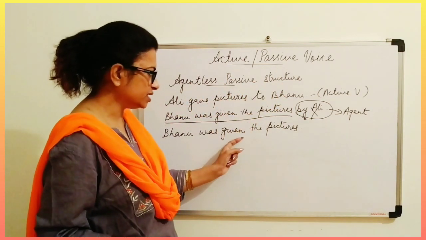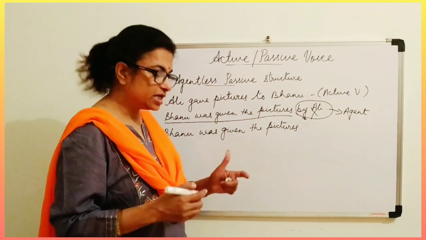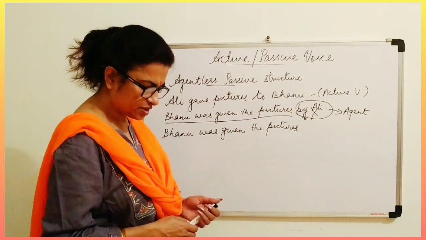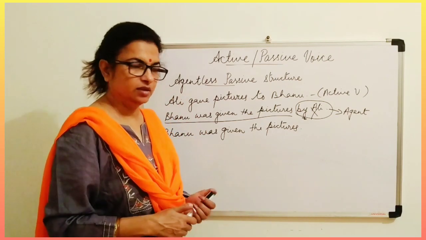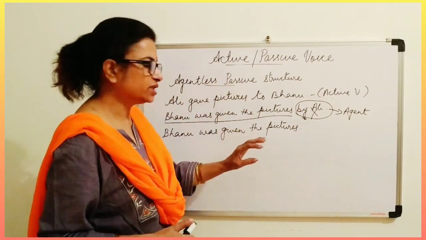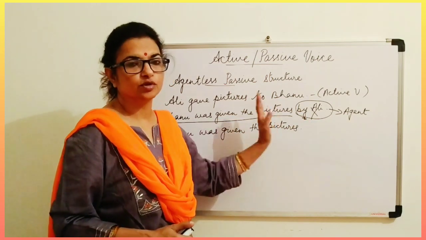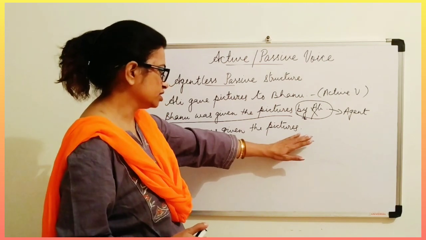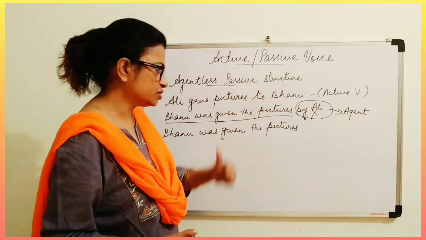It is a passive sentence and we don't have any agent, so it becomes agentless. Now in your exercise also many times they will mention in the bracket to frame agentless passive structure. So in that case you have to omit the agent, you have to cross the agent and it will become agentless passive structure.